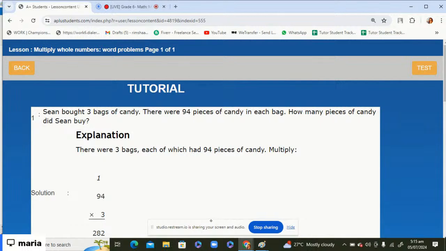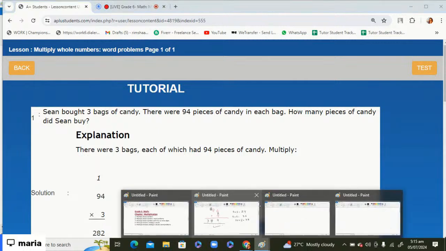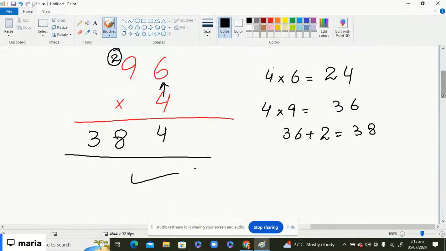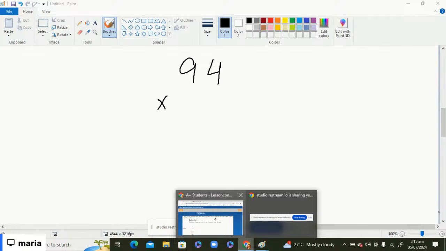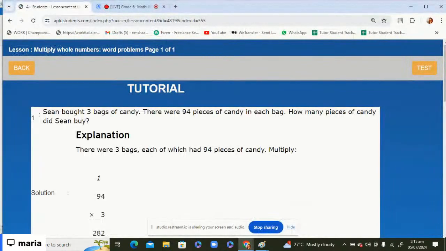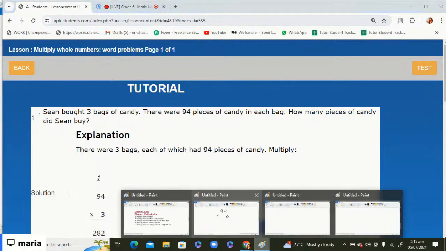Basically, how many pieces of candy in each bag? That is 94. Let's just write 94 each bag of candy. And how many bags did Scene buy? Each bag has 94 pieces, and she bought 3 bags, so times 3.